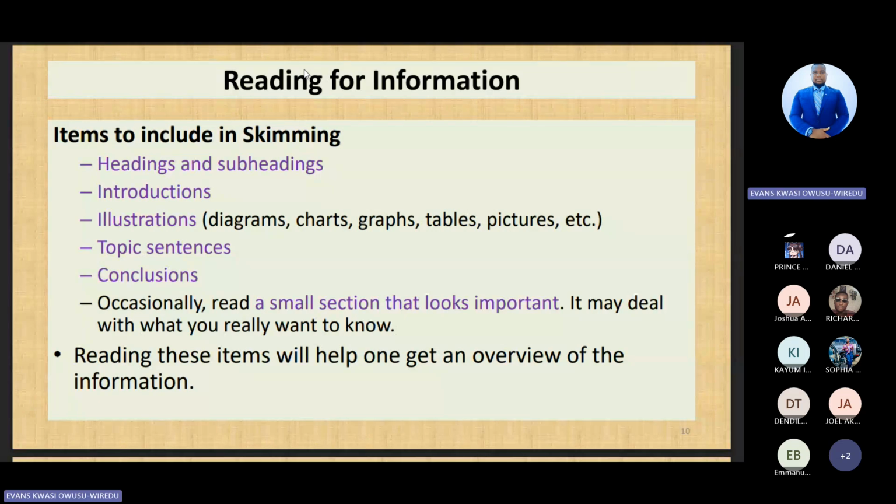We mentioned the preface, which also includes the introduction. So basically, we have headings, subheadings, introductions. Number one is headings and subheadings. Number two is introductions. Number three is illustrations.